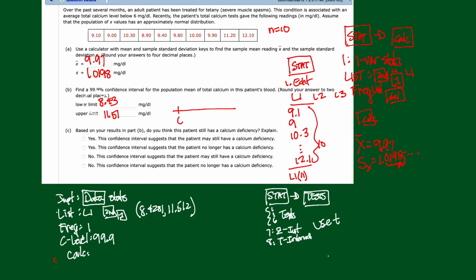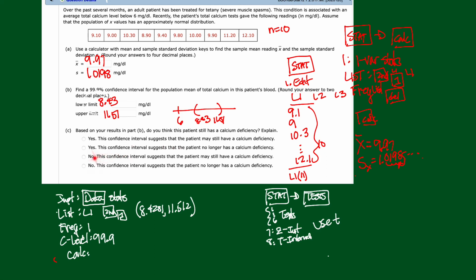Here's 6. We're over here in this interval, 8.43 to 11.51. So the question is, do you think the patient still has a calcium deficiency? I'm going to say no, because that's outside. Our interval is higher. So we think the true mean is probably in here somewhere.